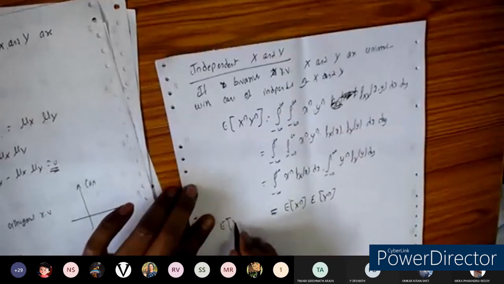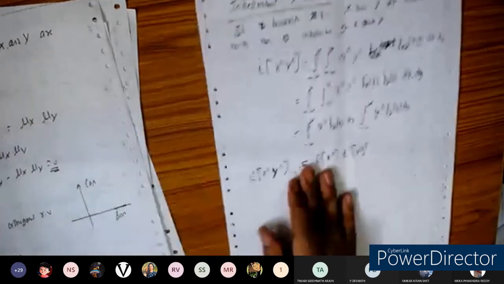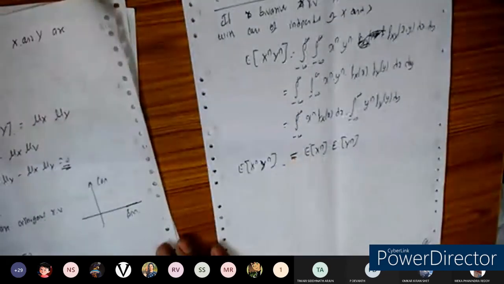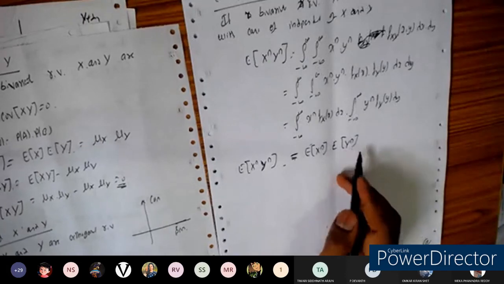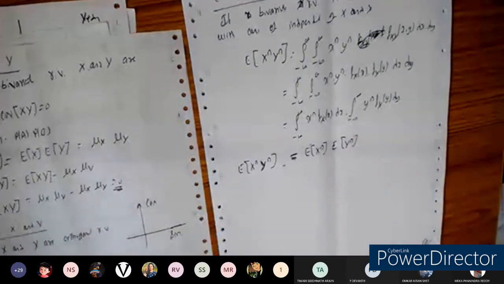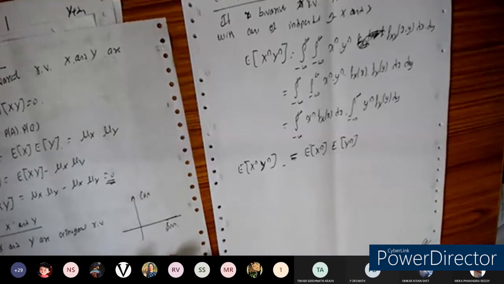This is the same concept we saw for uncorrelated random variables, extended to the nth moment. That's it, nothing else. So this is the independent case.